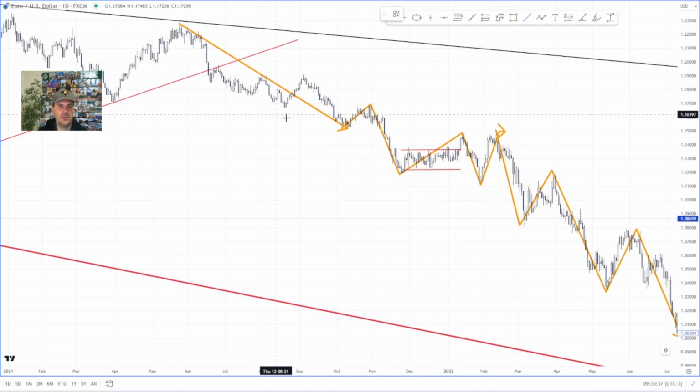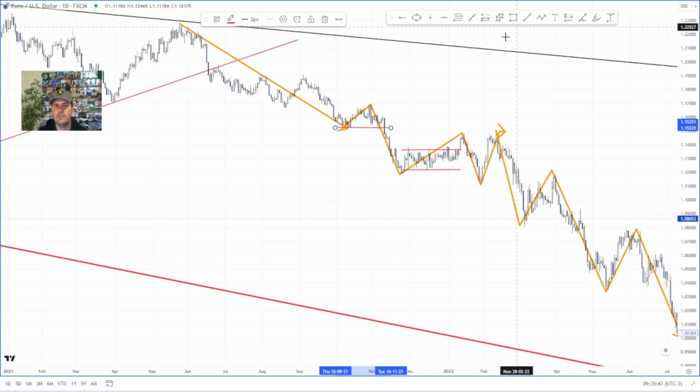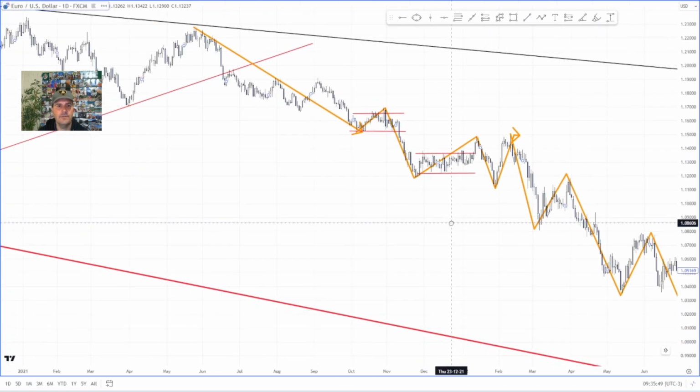And here is consolidation too. Not as beautiful, right? But if TradingView is going to allow me.